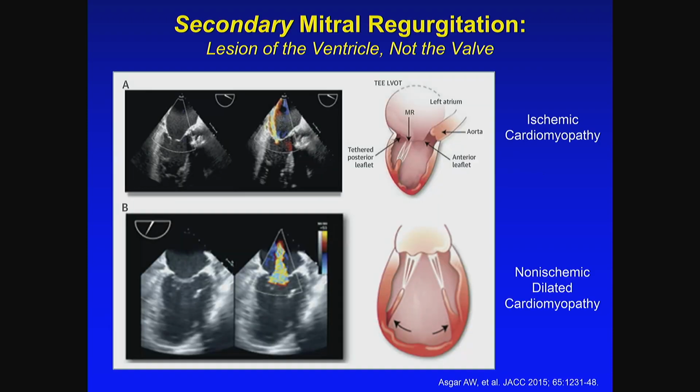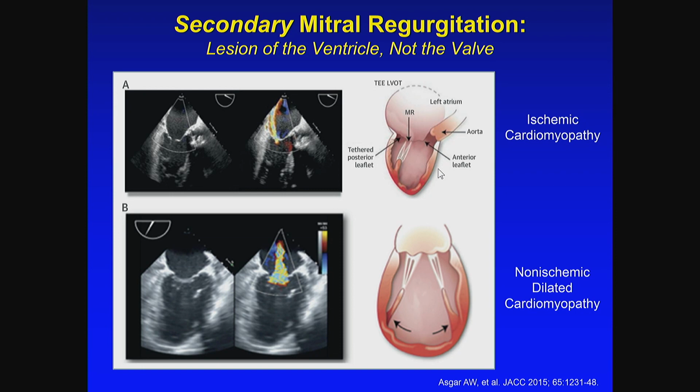Now, with that overview of primary mitral regurgitation, let's turn our attention to secondary MR, which, as I said before, is a ventricular problem. There are two primary forms of secondary mitral regurgitation that are a problem of the ventricle.